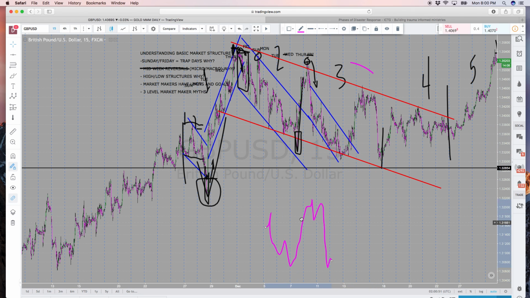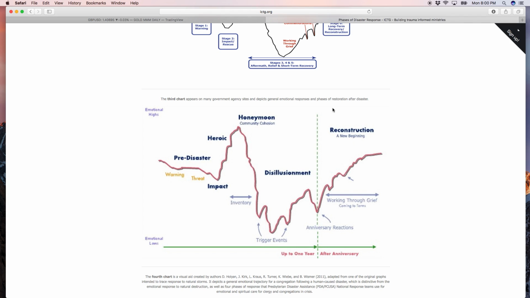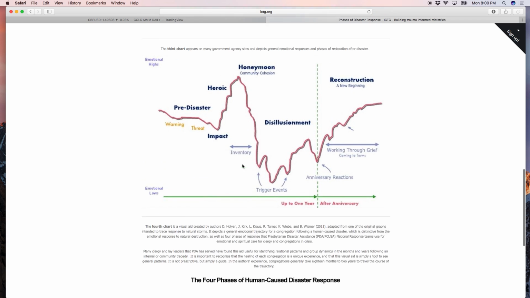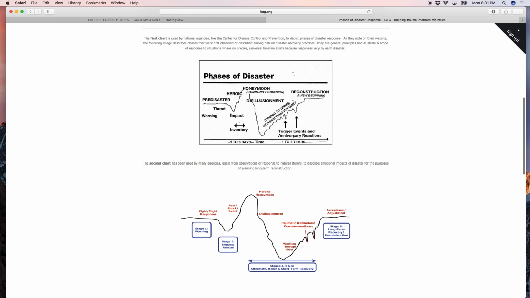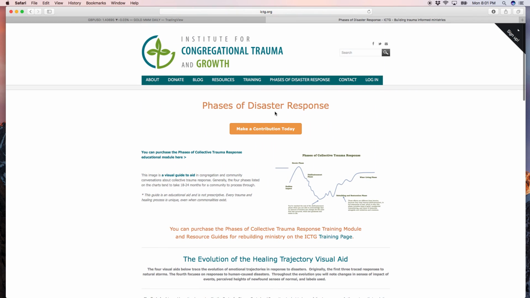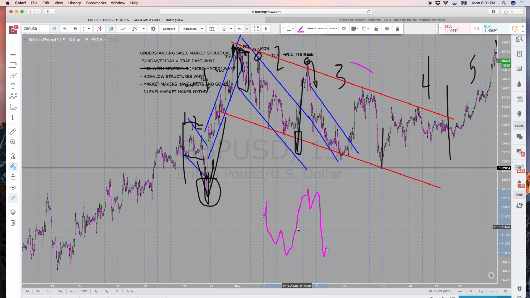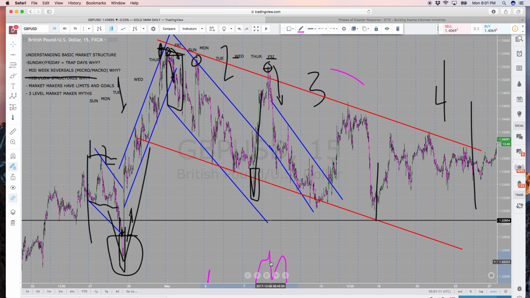Well, that looks to me a lot like one of these structures, right? To induce a response. Now, check this out. This is the previous week, right?